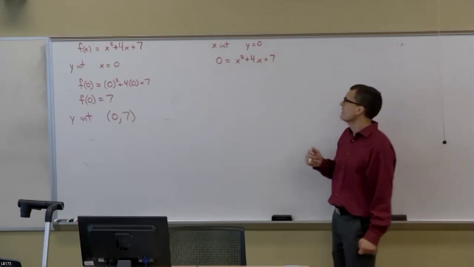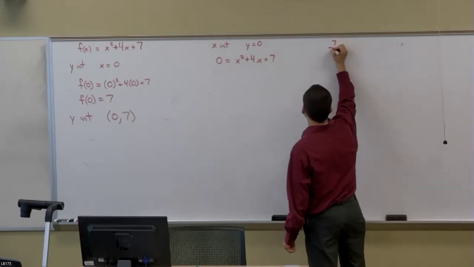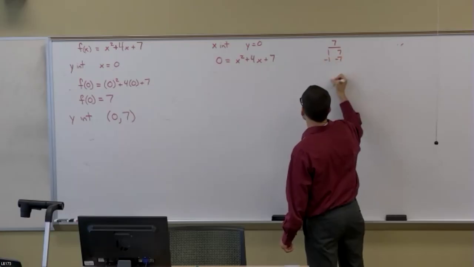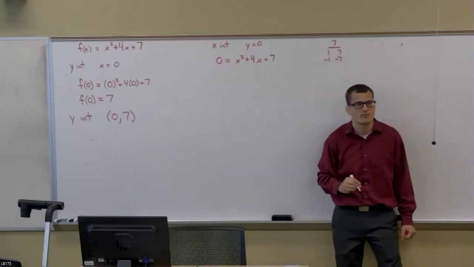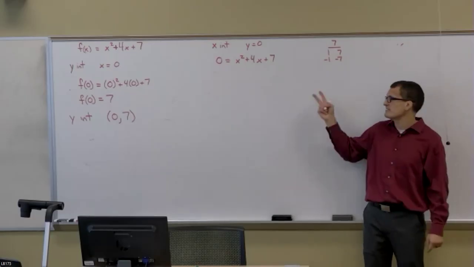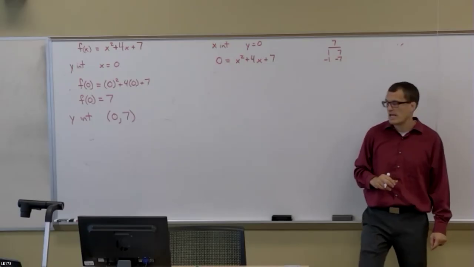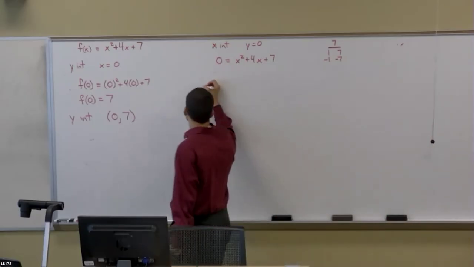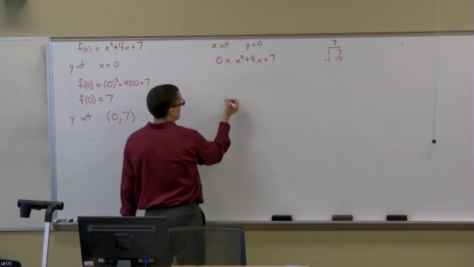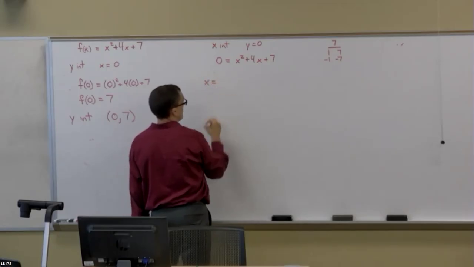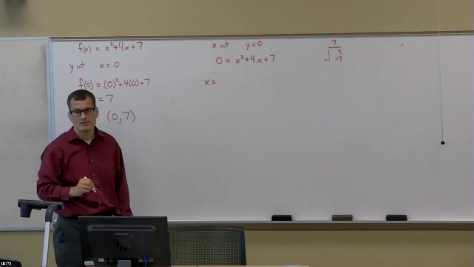If you look, the only factors of 7 are 1 times 7 or -1 times -7. Neither of those work. So this thing is not going to factor over the integers, and if it doesn't, I essentially just turn straight to my quadratic formula.